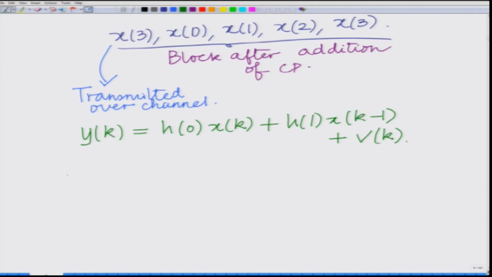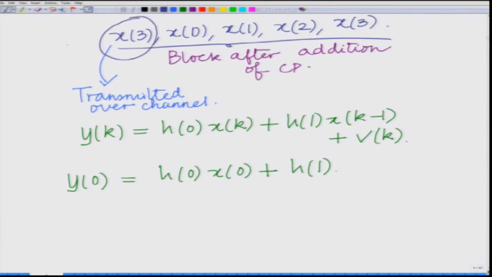Now, if you look at the symbol y0, we have y0 equals h0 x0 plus h1 times the previous symbol, but the previous symbol you can see is x3 because of the addition of the cyclic prefix. x3 becomes the previous symbol of x0.